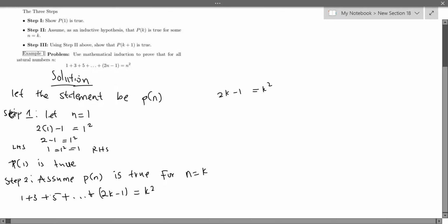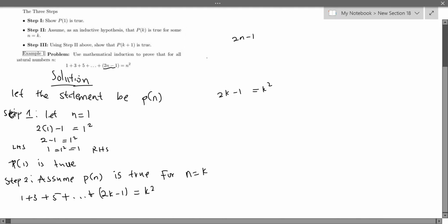Pay attention to this. It is because this is a series, and series is the sum of a sequence. So if I say n equals k now, I'm dealing with the sum of the kth term, not just the kth term. Look at this series: the nth term is 2n minus 1.